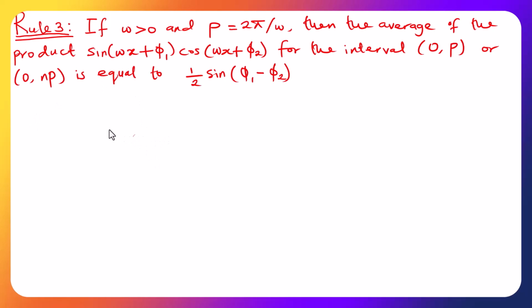So now we want to go through this second rule very quickly. Let's prove rule 3.